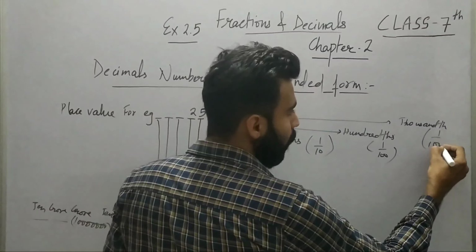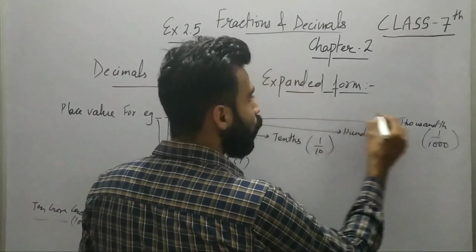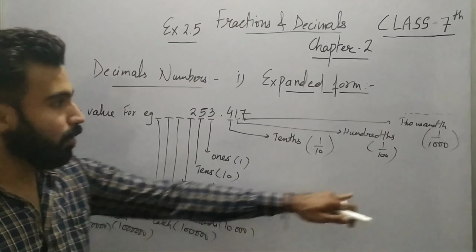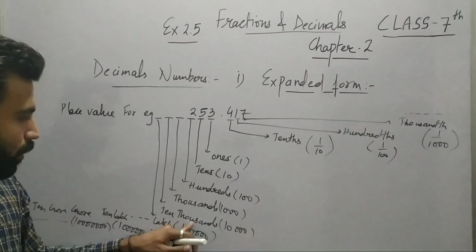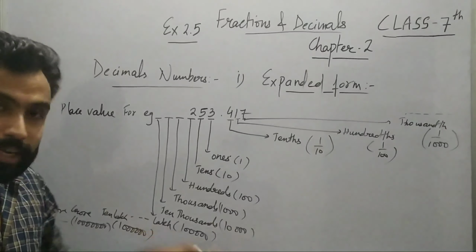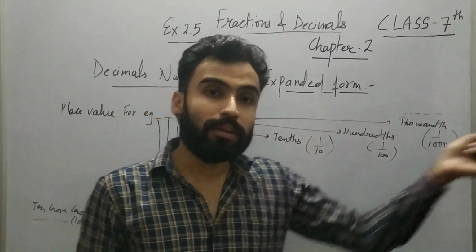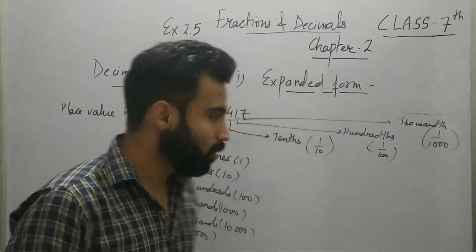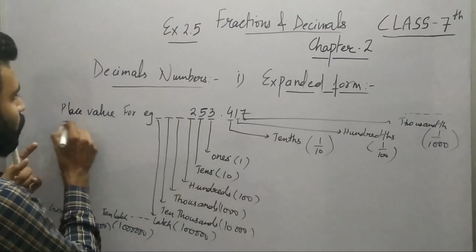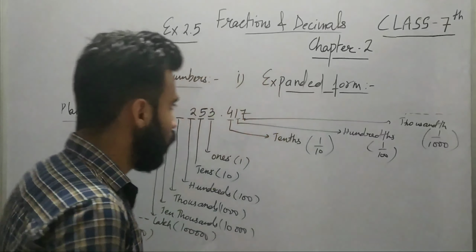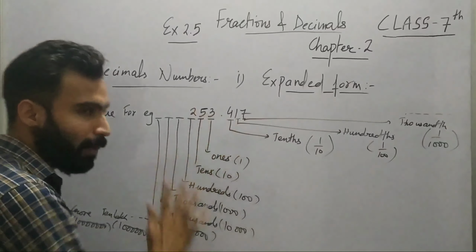It can be written as 1 upon 1000, and so on. After thousandths, put ten-thousandths, then lakh, then 10 lakh. So it will keep moving in the right hand side direction, right? So this is how we got the place values, which you have earlier read in the classes, right? So now you are able to identify the place value.